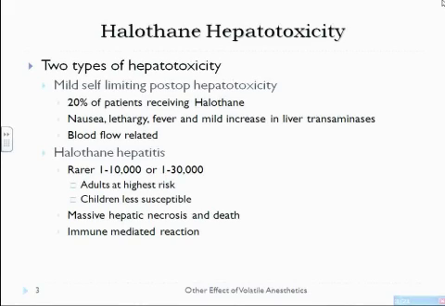Adults have a much higher risk, and I'll show you the risk factors in a minute, and children seem to be a little more protected from this disease process. What you see with halothane hepatitis is massive central lobular hepatic necrosis and subsequent death in those individuals. We know it's an immune-mediated reaction, not just a metabolism problem.